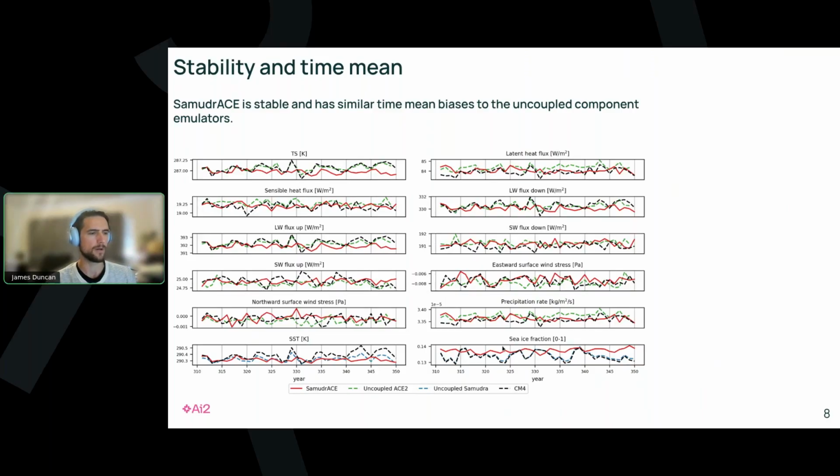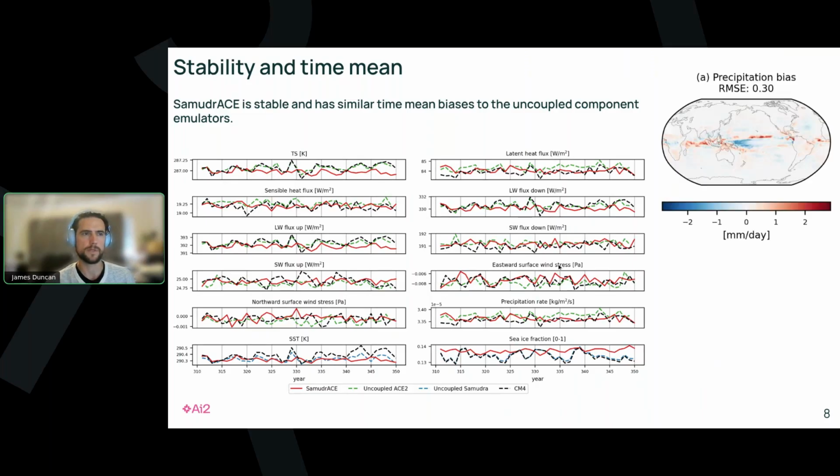And you can see, very quickly, the atmosphere will decorrelate in time with CM4, which is what we'd expect since it has its own internal variability and will lose prediction skill fairly quickly on weather timescales. And at that point, the sea ice fraction and other fields that are very determined by the state of the atmosphere and the ocean are going to drift away from CM4.